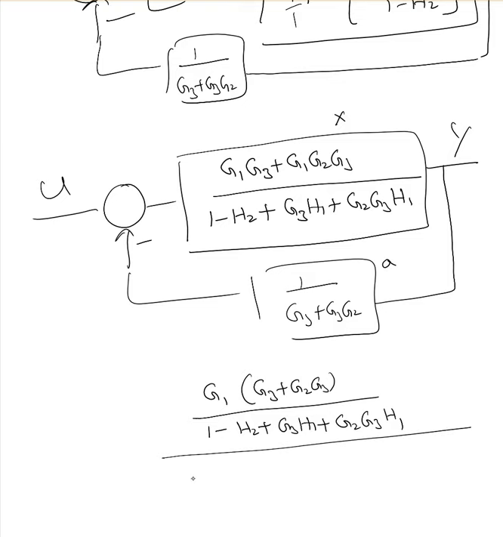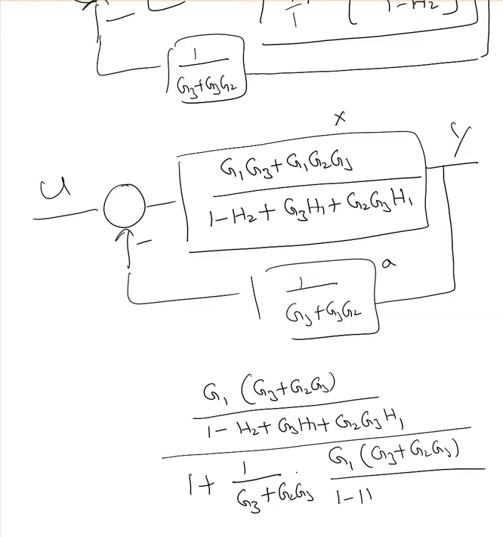Divided by 1 plus 1 over z3 plus z2 z3 times z1 times z3 plus z2 z3 over 1 minus h2 plus z3 h1 plus z2 z3 h1.